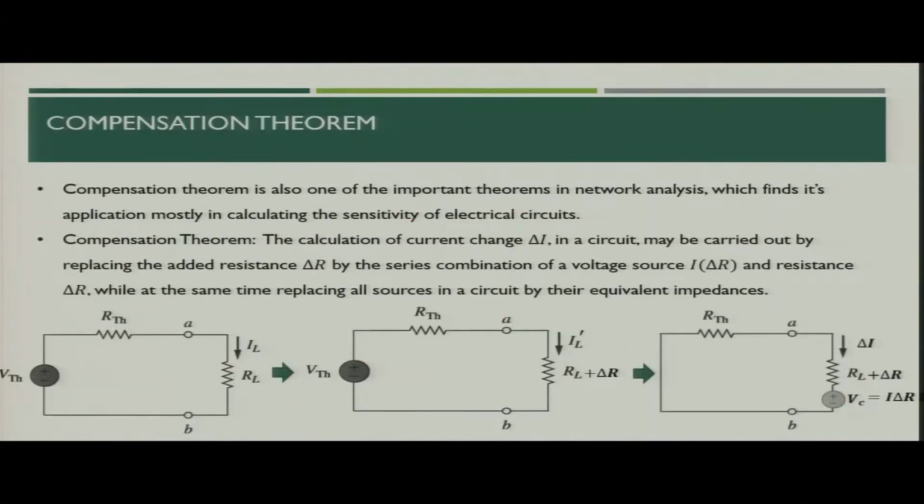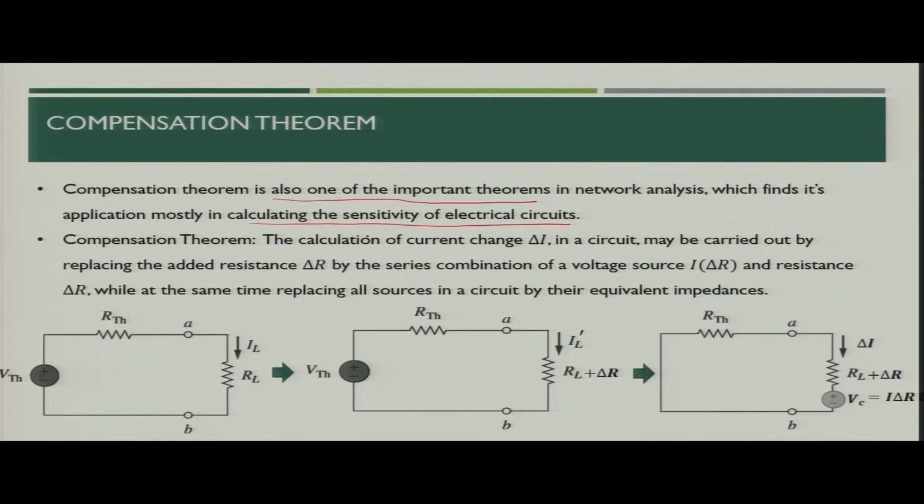Now, let us talk about another theorem which is called as a compensation theorem. Compensation theorem is also one of the important theorems in the network analysis, which finds its application mostly in calculating the sensitivity of the electrical circuit.